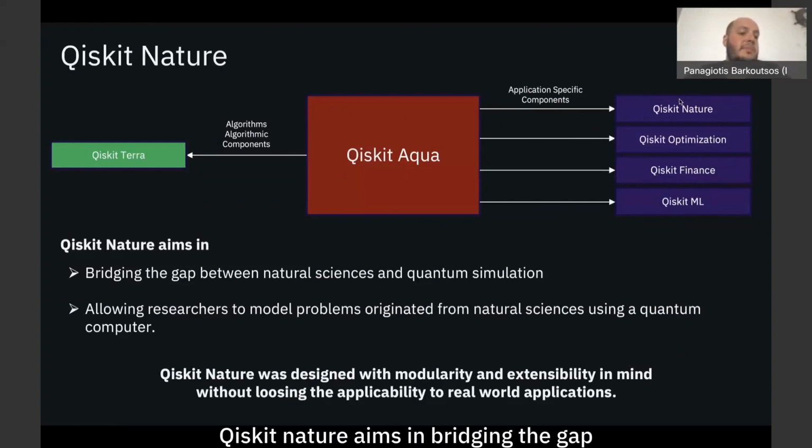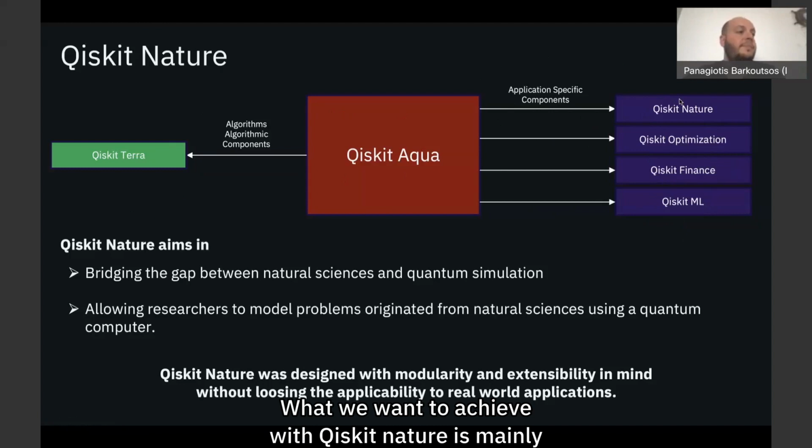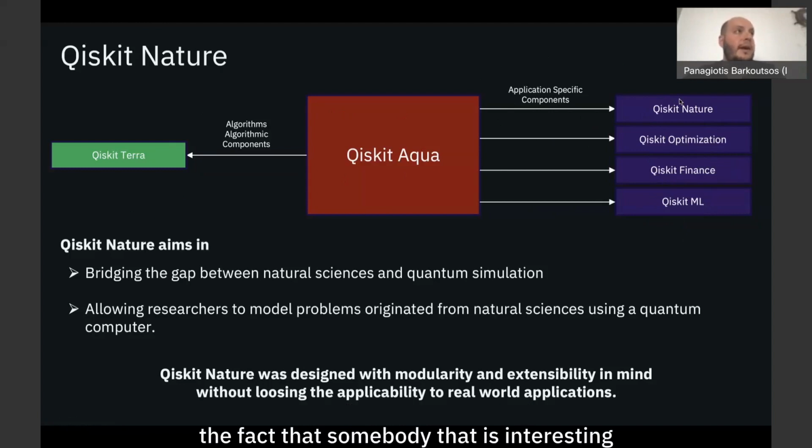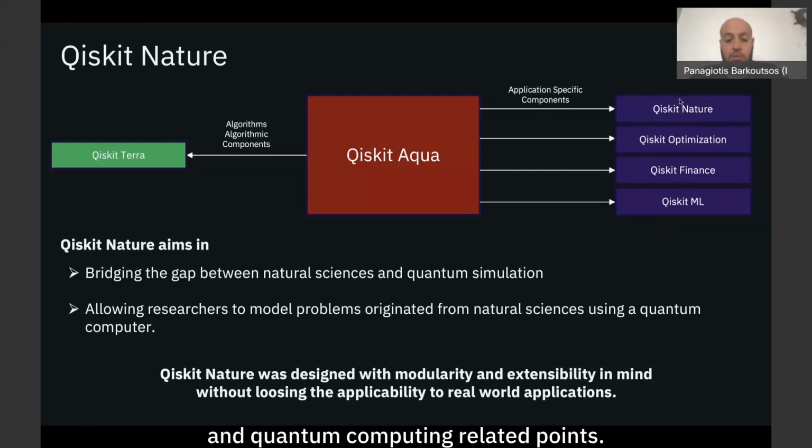Qiskit Nature aims at bridging the gap between natural sciences and quantum simulation. What we want to achieve with Qiskit Nature is that somebody interested in simulating electronic structure problems or quantum chemistry does not have to bother with quantum information and quantum computing related points.